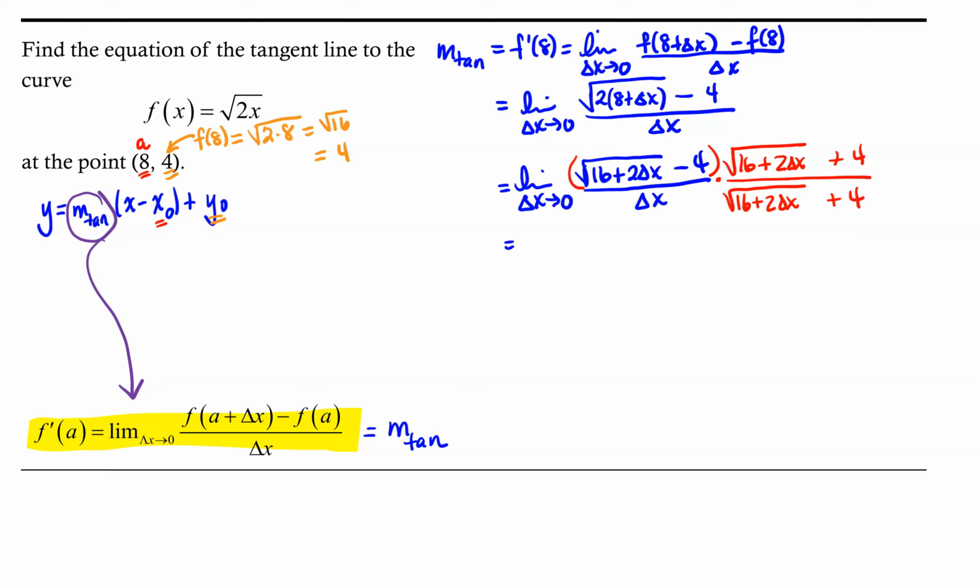Okay, so now we have the limit as delta x approaches 0. My denominator is delta x times the quantity square root of 16 plus 2 delta x plus 4. And using the distributive property in the numerator, square root of 16 plus 2 delta x times square root of 16 plus 2 delta x gives me 16 plus 2 delta x.